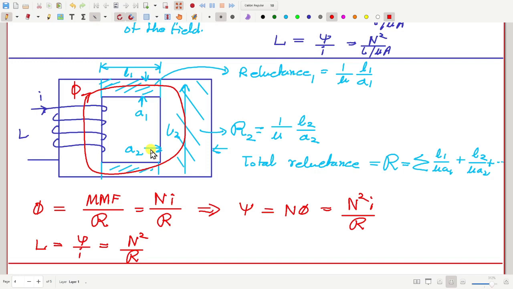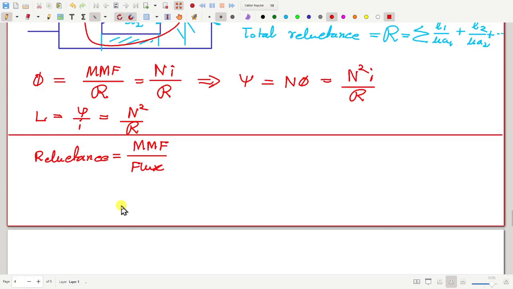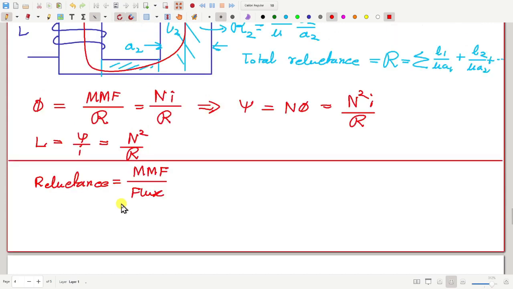That is nothing but mathematics. So it is best to say that reluctance is the ratio of the MMF divided by flux. That's the best way of saying that, and I don't want to use any other statement, because you can think in that way, but I don't know whether that will convey any misconception. Okay, so better to stick to mathematics.